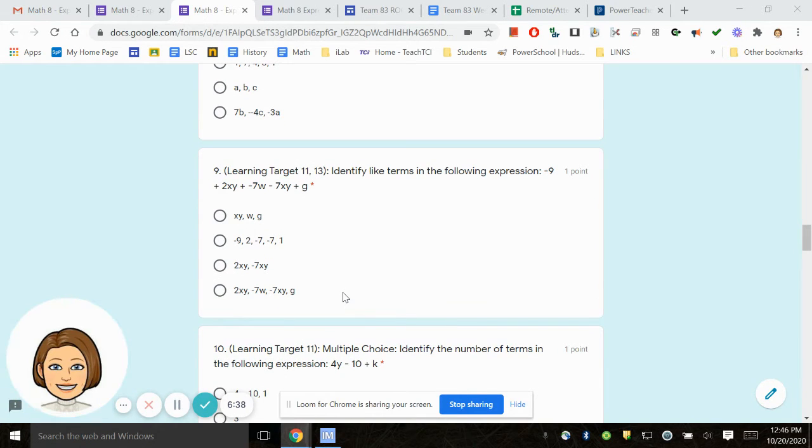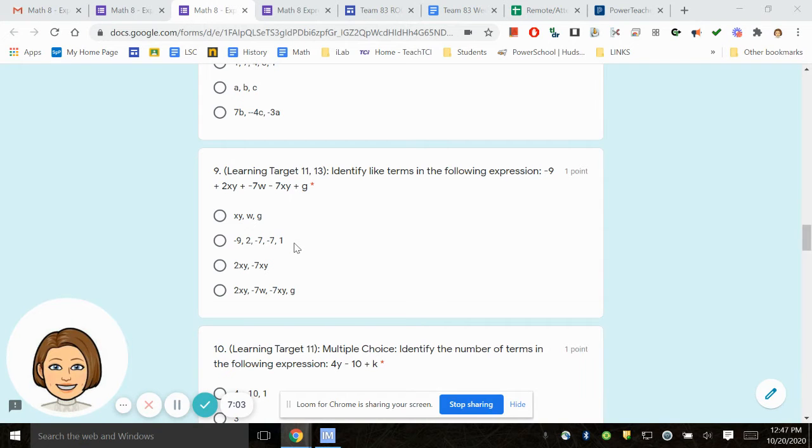Number 9, identify like terms in the following expression. Negative 9 plus 2xy plus a negative 7w minus 7xy plus g. What are the like terms? xy, w, g.